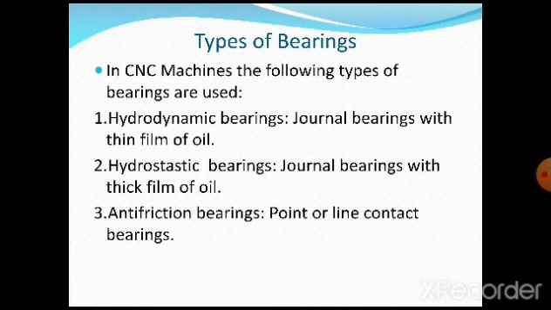And in the case of hydrostatic bearings, journal bearings with a thick film of oil: if the viscosity of the oil is more and the thickness of the oil between the spindle and the supporting element is more, then we call it a hydrostatic bearing. And then anti-friction bearings, point or line contact bearings, which are commonly used in machines.